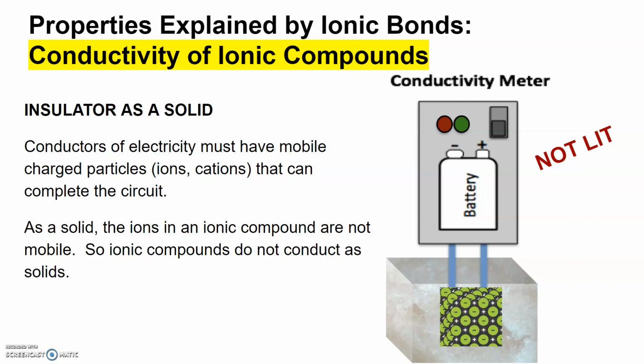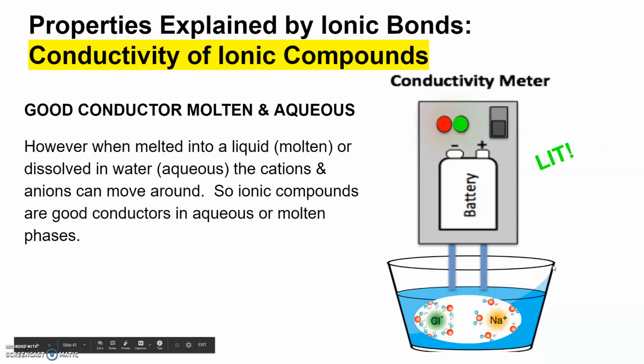They're fixed in place. So they're not going to conduct as a solid because cations and anions cannot move when it's a solid. However, if you dissolve it in water or melt it down, those ions break apart and they're able to flow and to move. And so as a result, when you melt an ionic compound, so when it's molten, or when it's dissolved in water, aqueous, it will conduct.